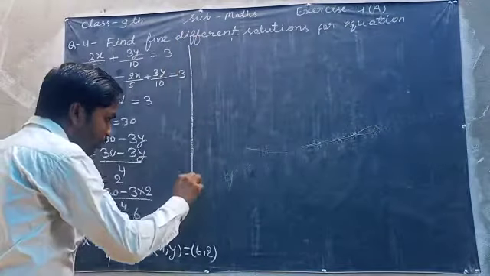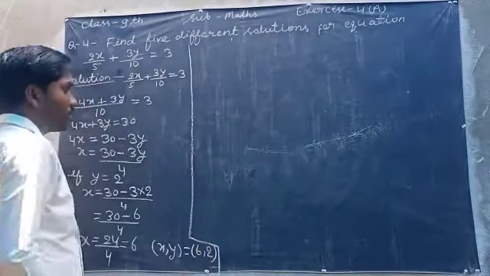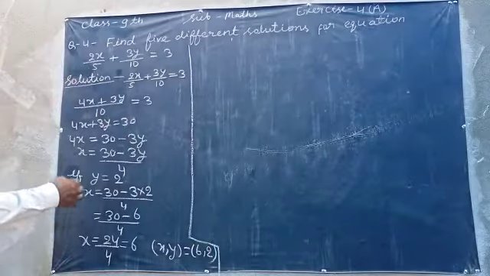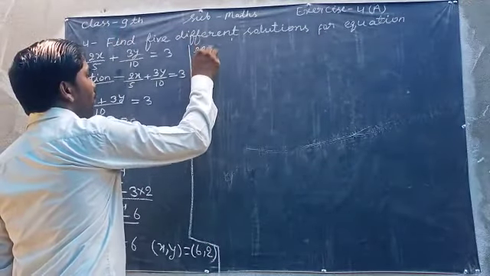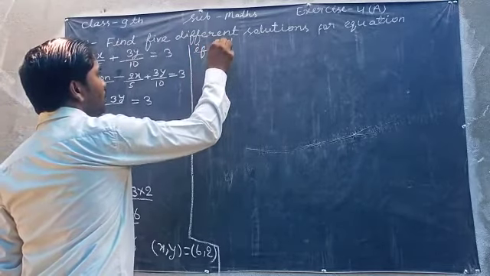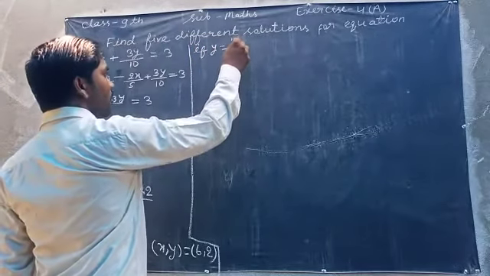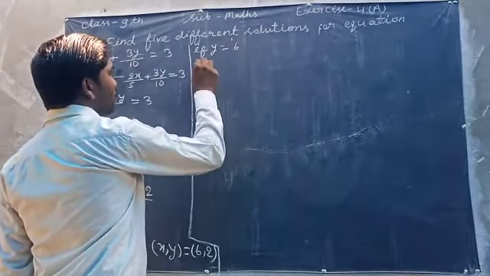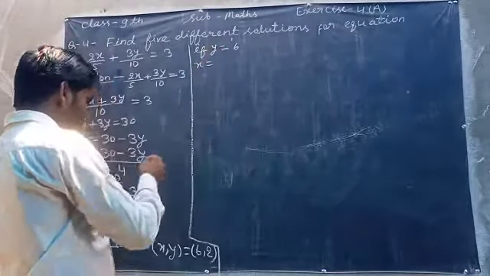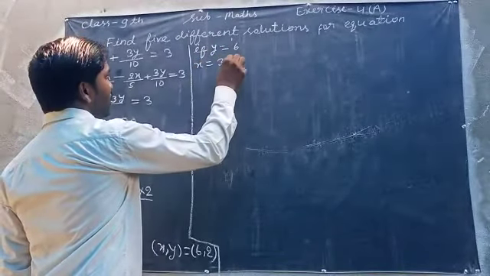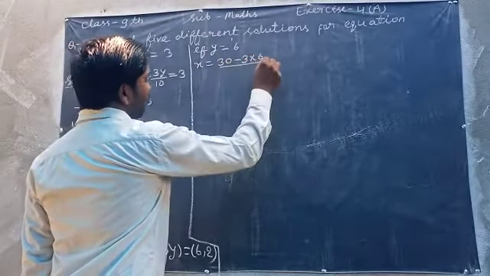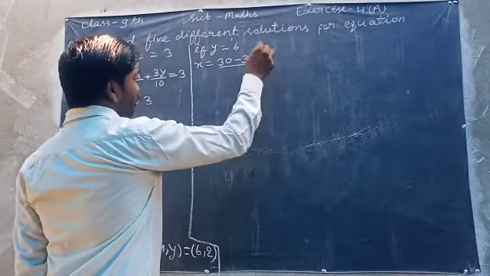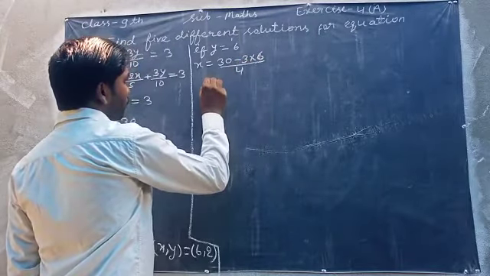Now we will find some more solutions. Now we will put another value. If y is equal to 6, then x is equal to (30 minus 3 into 6) upon 4. In place of y we put 6, and here it is 4.